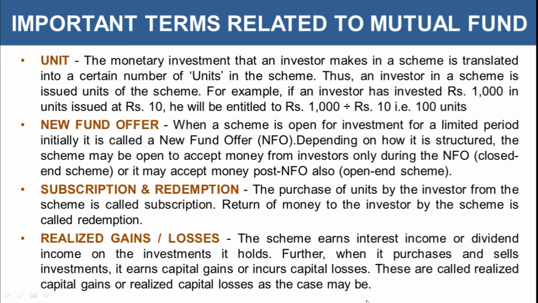Now if the value has gone down, it means that you have incurred losses, and thus on selling of that scheme, what comes to your account is the realized capital loss. However, if there was any profit and your investment amount has grown, it will be a realized capital gain which you have acquired after the selling of that particular mutual fund scheme. So whatever comes to your account would be referred to as realized gain or realized loss.